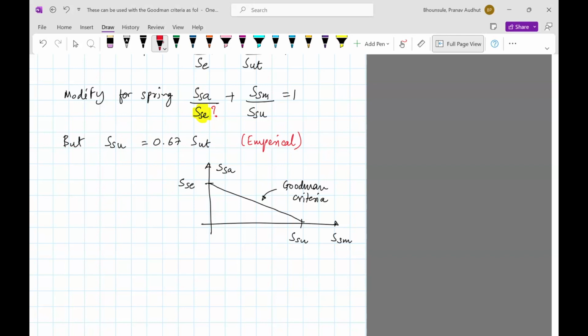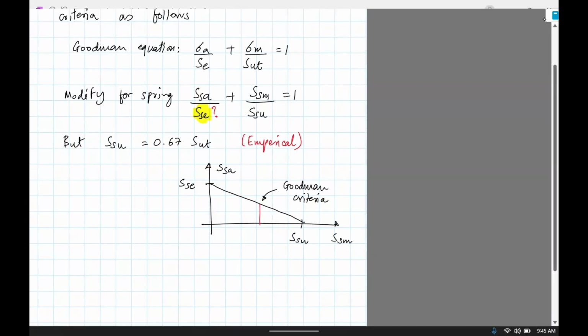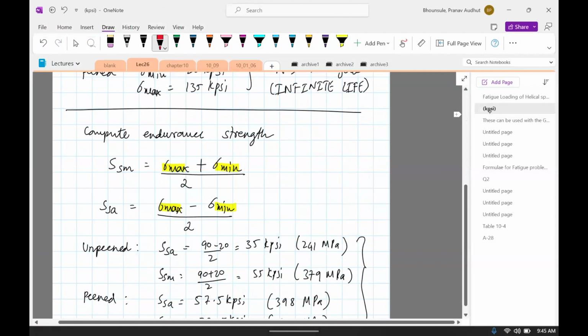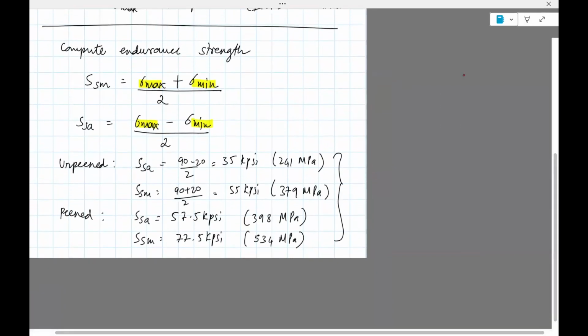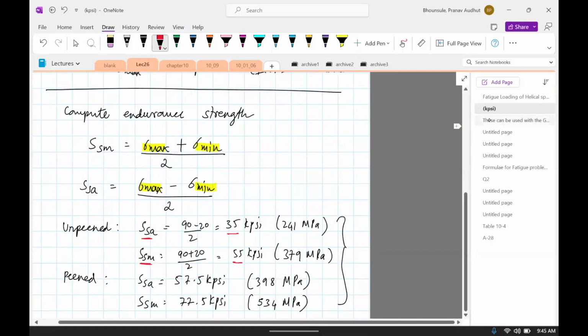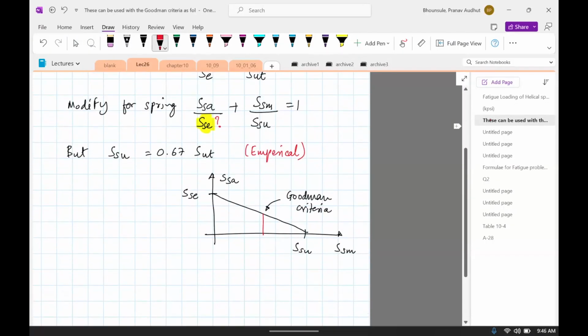We saw that for unpeened, the SSA is 35 kpsi and SSM is 55 kpsi. So that is one point which lies on this curve, and we can use that to our advantage to compute SSE, as you'll see in a bit. So SSM is 55 and SSA is 35, and this curve passes through that point.